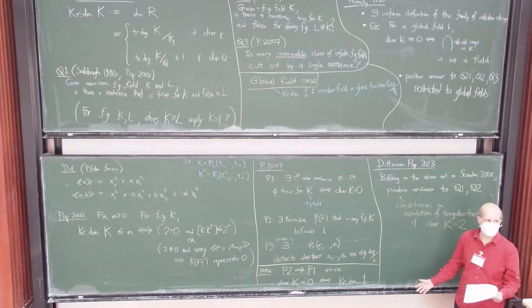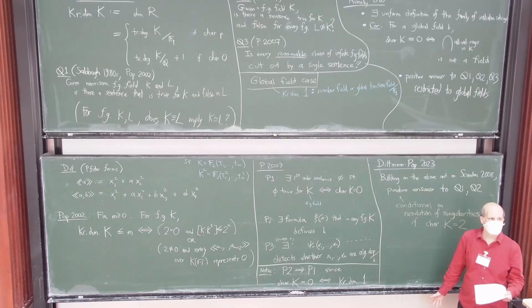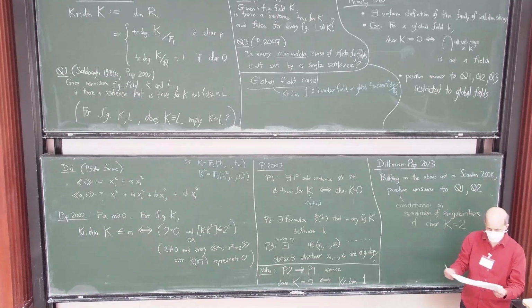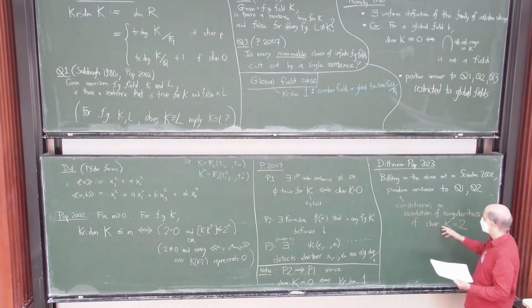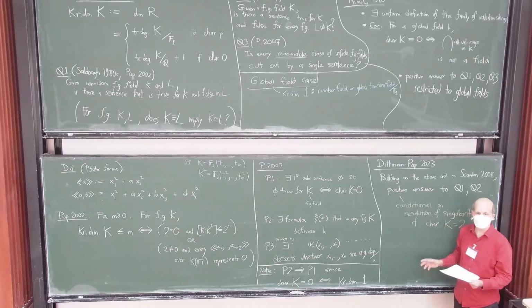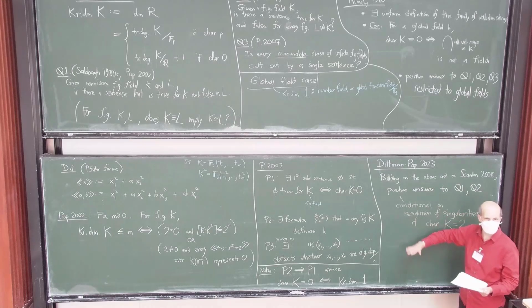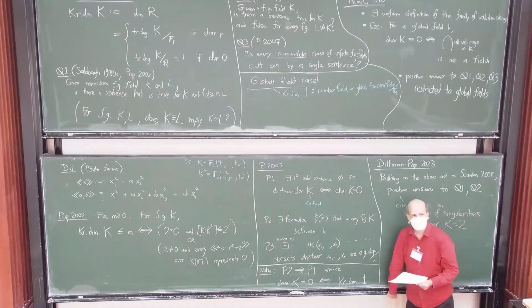So you can immediately distinguish between characteristic 2 and not 2 by just asking whether 0 equals 2 or not. For characteristic not 2, there's no condition at all. Can you say what's special about characteristic 2?